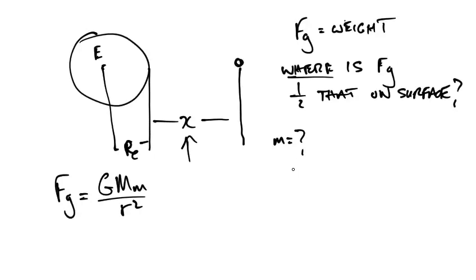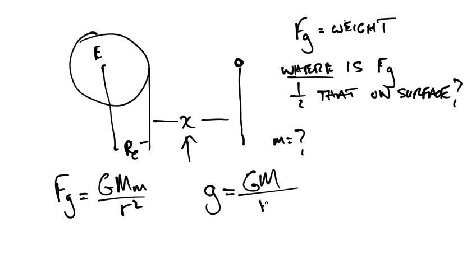And we haven't been given the mass of this rocket. We don't know what little m is. But understand that that's not really important, because no matter what the mass of the rocket is, it's always going to be half of whatever it was, right? More importantly, this question is asking, where is the gravitational field strength going to be half?